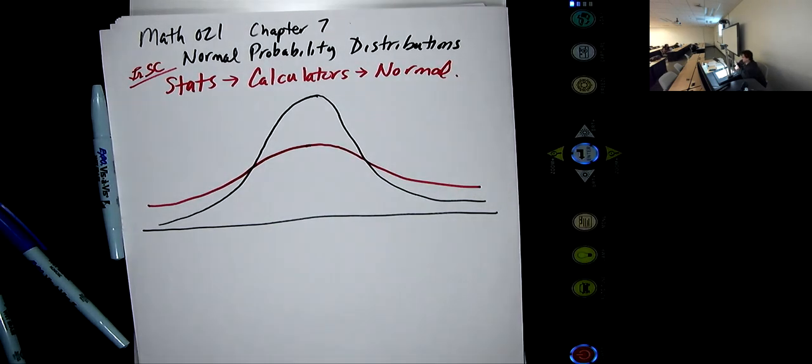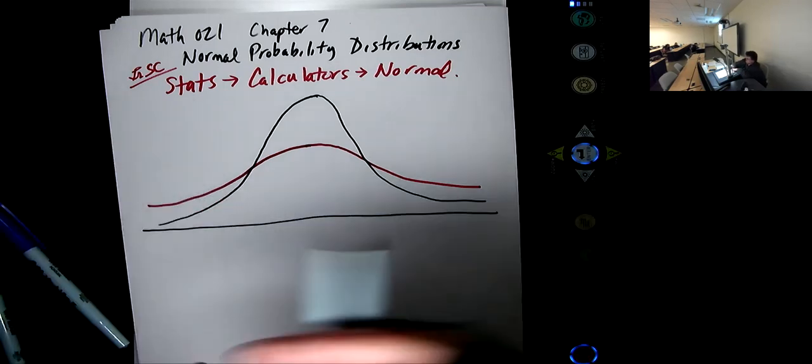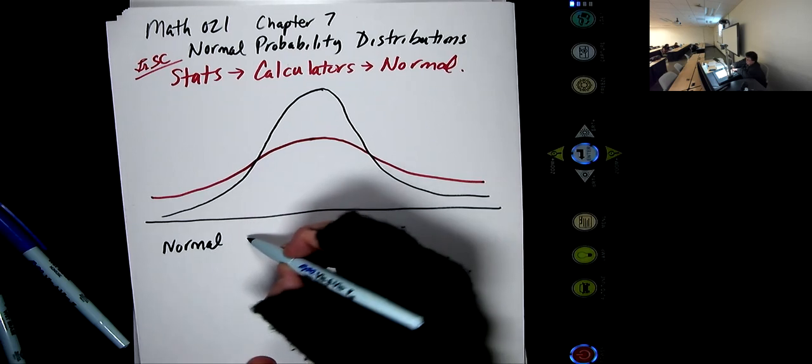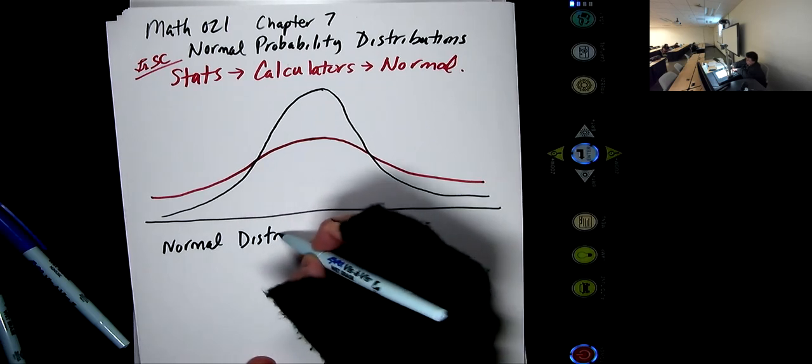So I got two different ones. Normal distribution is bell-shaped and symmetric.